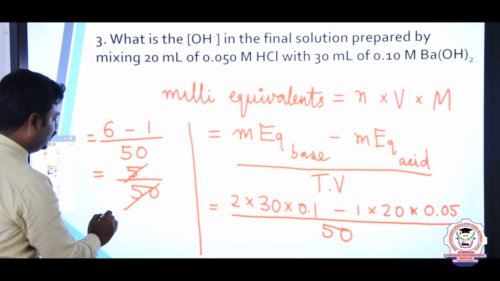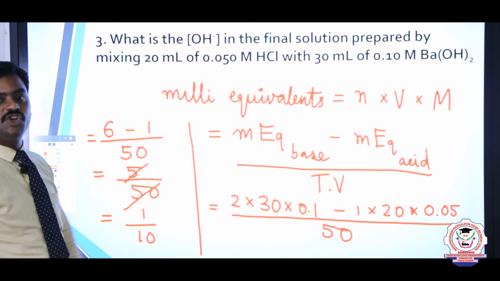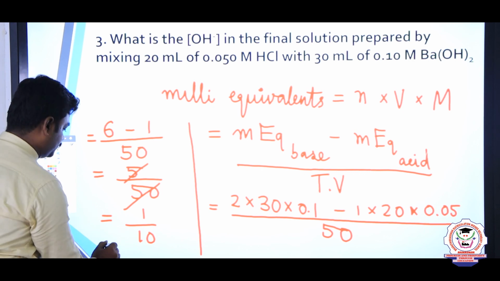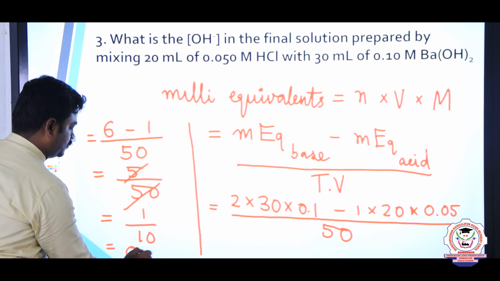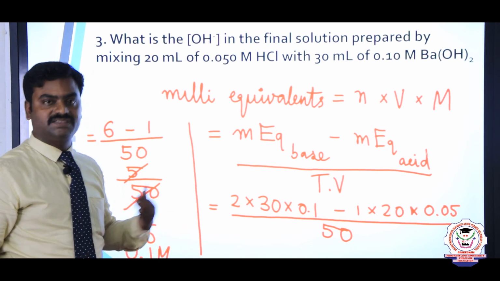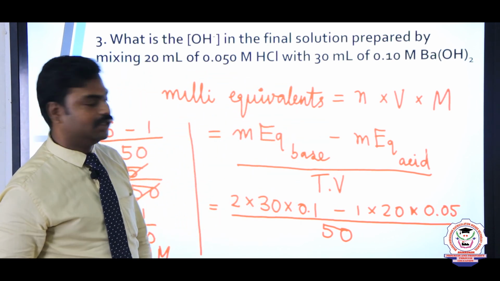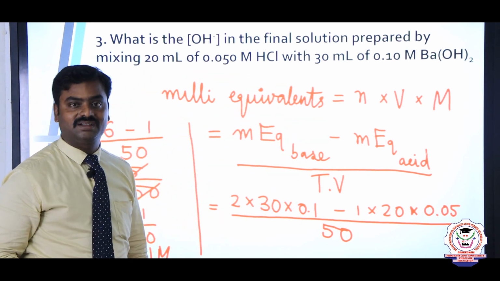So you can cancel, you will get 1 by 10. 1 by 10 means 0.1 molar. So the OH minus ion concentration after mixing these two solutions is equal to 0.1 molar solution.